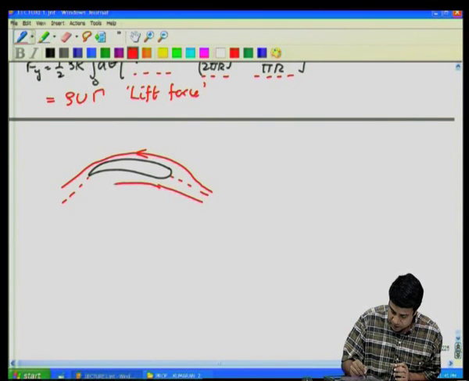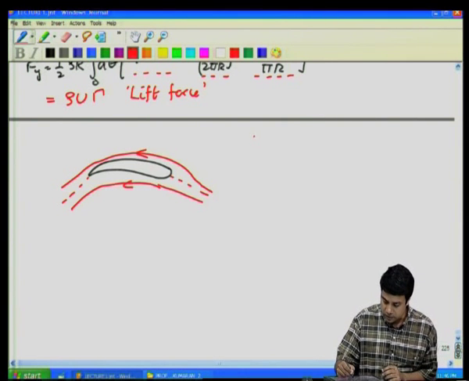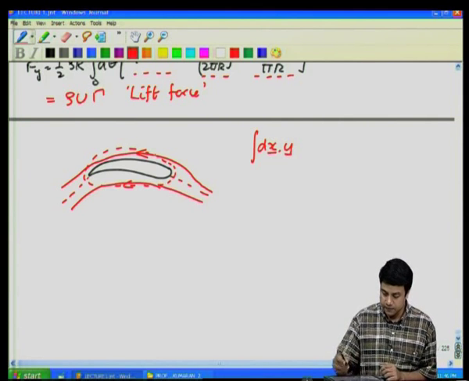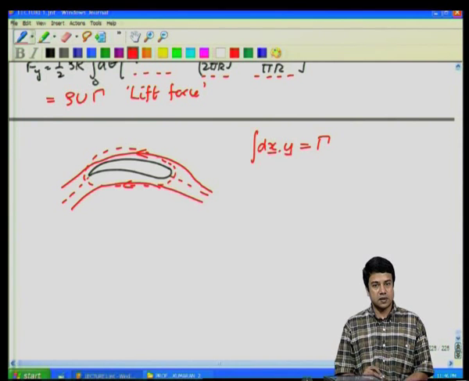The shape of this object is optimized in such a way that if I were to calculate the integral of dx dot u around this object, if I were to take any contour and calculate dx dot u around this object, this would be a non-zero value gamma. This would be non-zero in general.